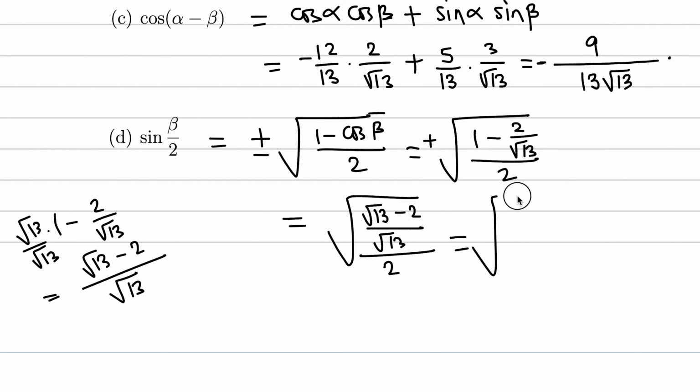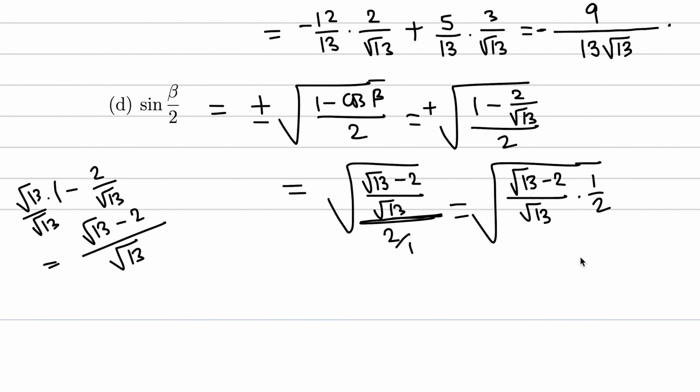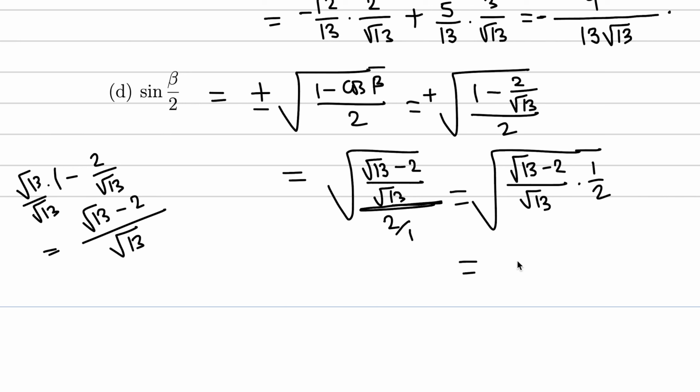Keep, change, flip: root 13 minus 2 over root 13 times 1 over 2. And that's it, this is the answer. Not nice. On the bottom, 2 times root 13, 2 root 13. There are no cancellations, and this is not a product, just leave it here. Final.